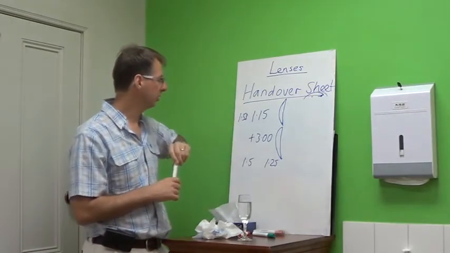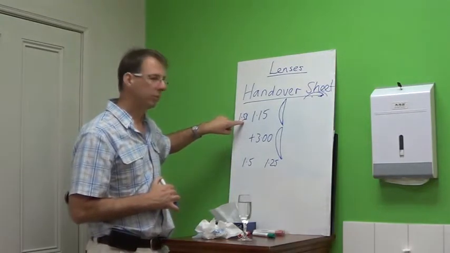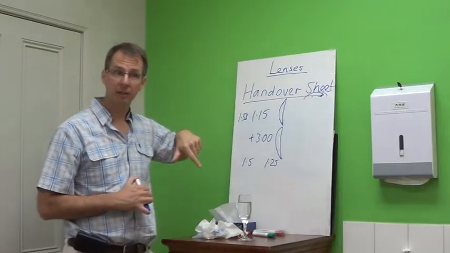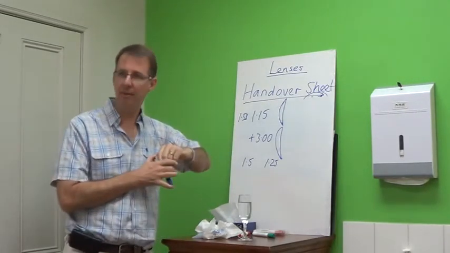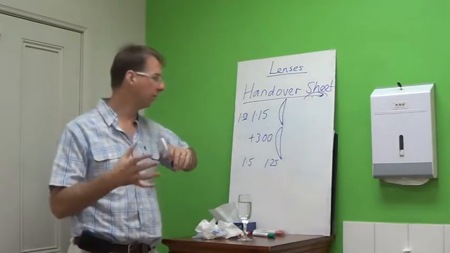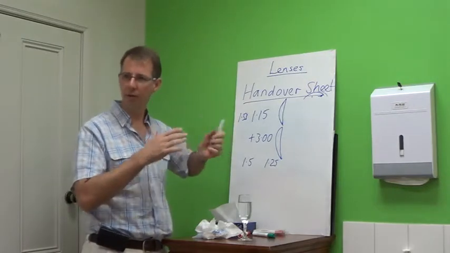But you can see that sometimes, depending on the lens and the specific gravities, you can go up to the next thickness up, and it might be thinner, but it might not be that much lighter, because the next material up might have a specific gravity of 1.2. What you gained on one, you lost on the other.